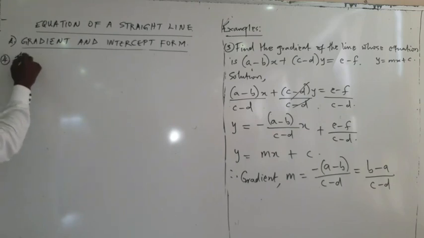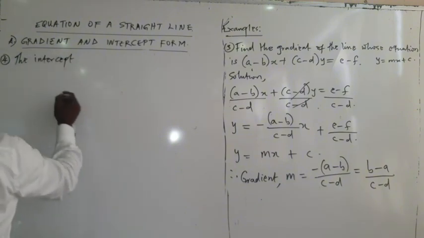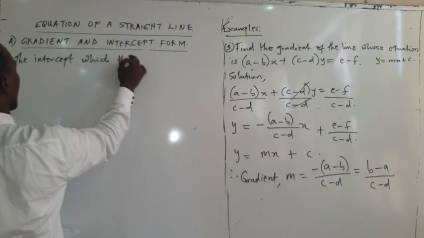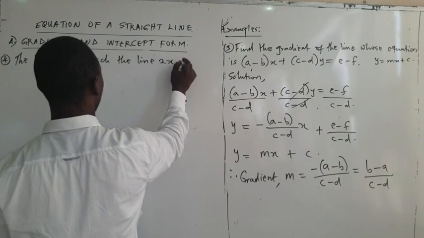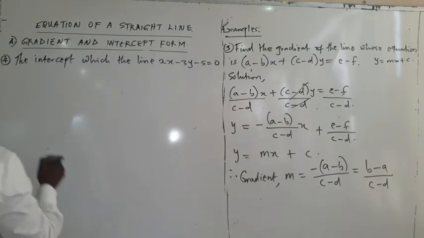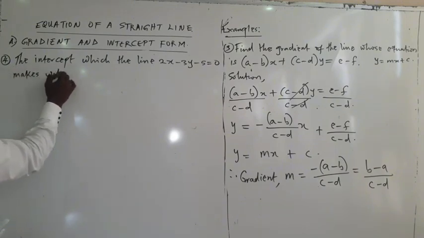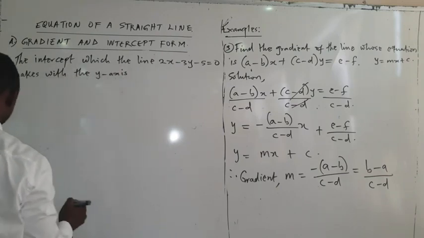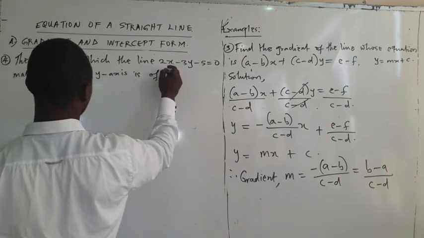The intercept which the line 2x minus 3y minus 5 equals 0 makes with the y-axis is of what?